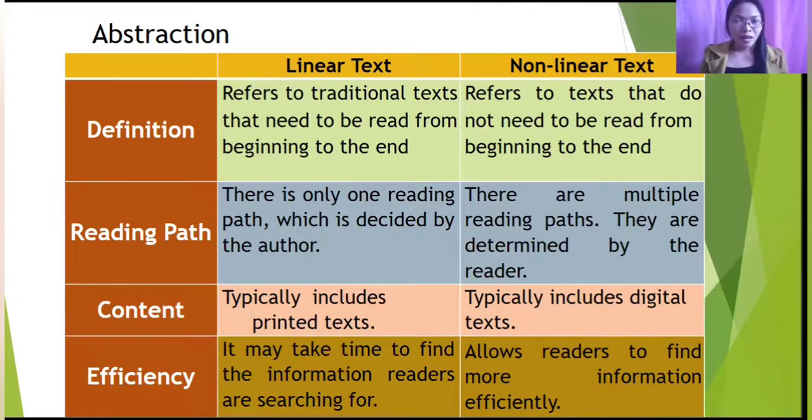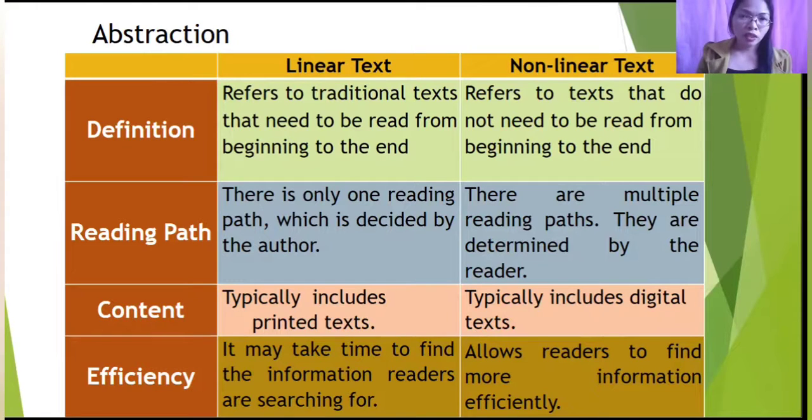Okay, so since you don't have any questions or clarifications, let's proceed to the clear picture or the table that clearly differentiates what a linear text and a non-linear text is. Okay.